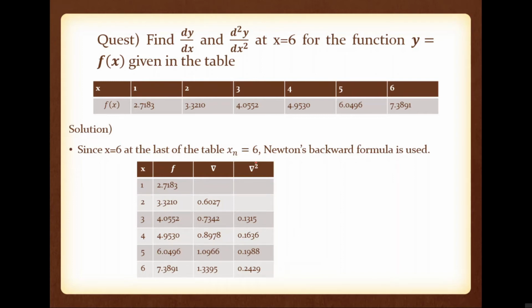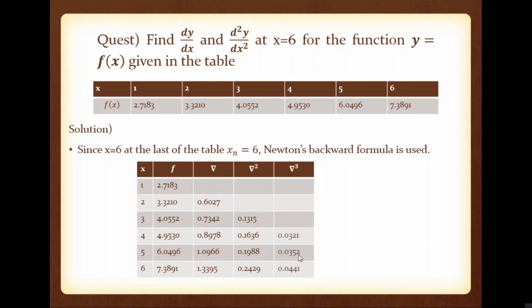Now by using this delta square column, we have to find the delta cube column. This del cube: 0.2429 minus 0.1988, then 0.1988 minus 0.1636, and 0.1636 minus 0.1315.